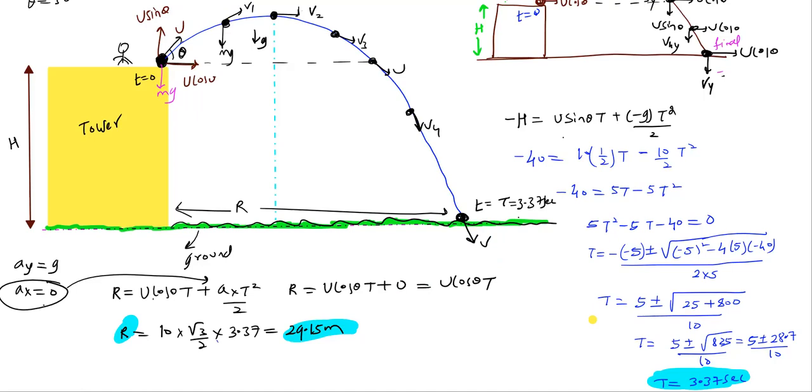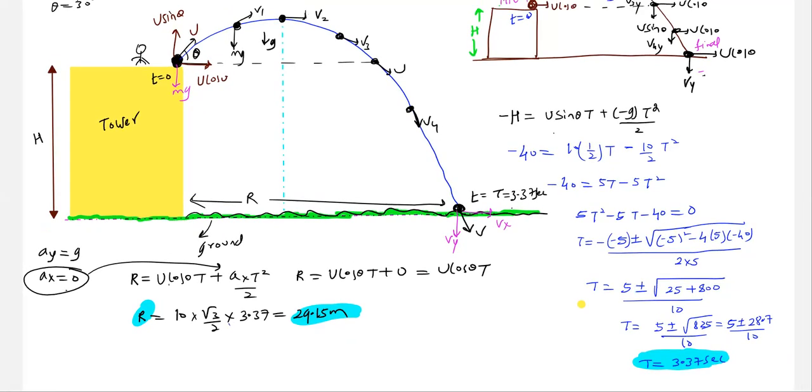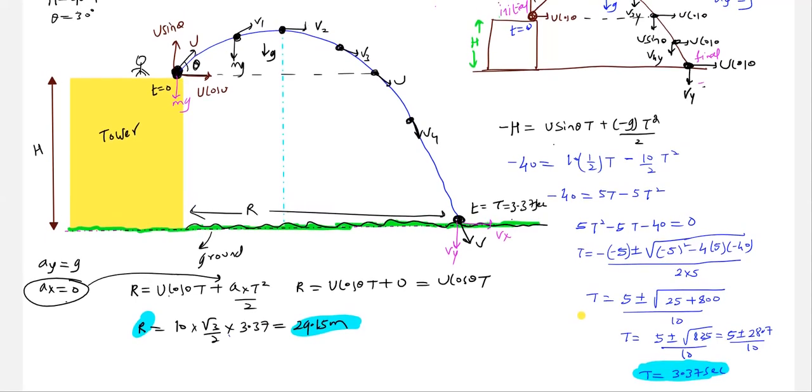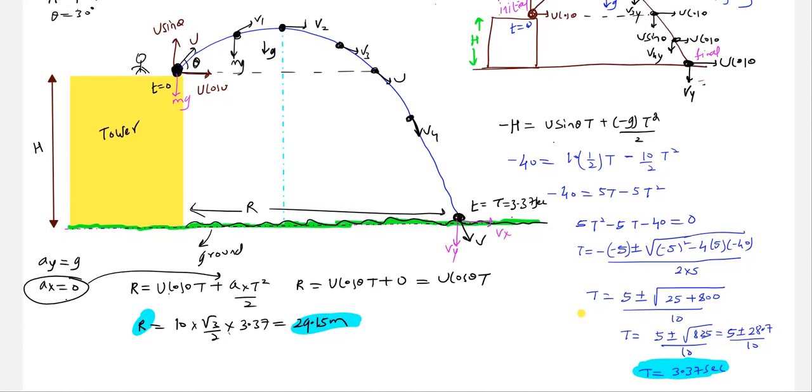Okay, then already we know that one. Horizontal component remains the same. Vertical component we should calculate. How to calculate that one? We'll use the formula. Vx equal to u cos theta. What about Vy?